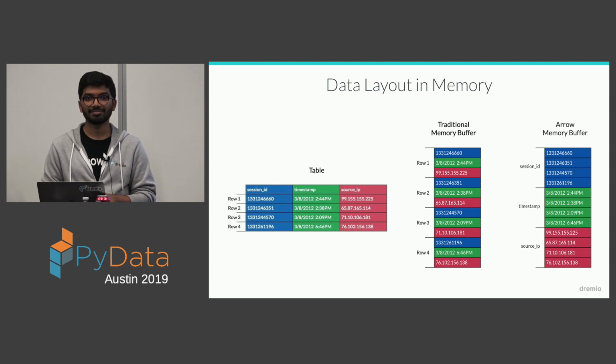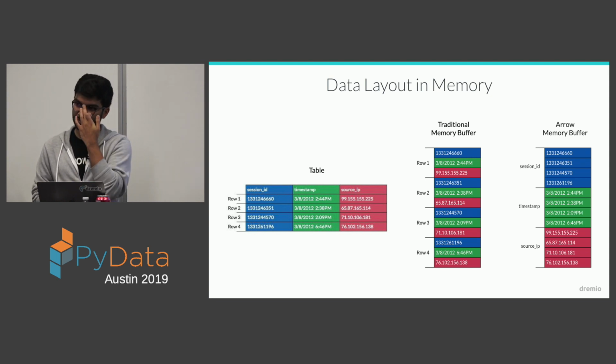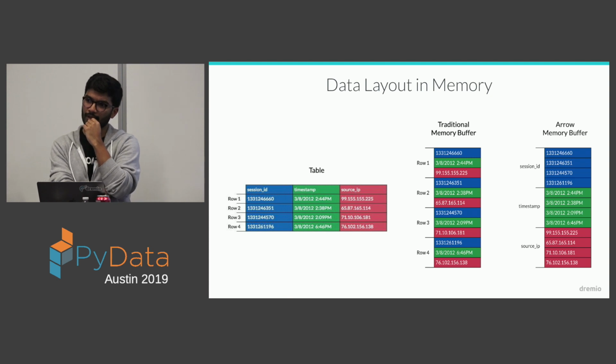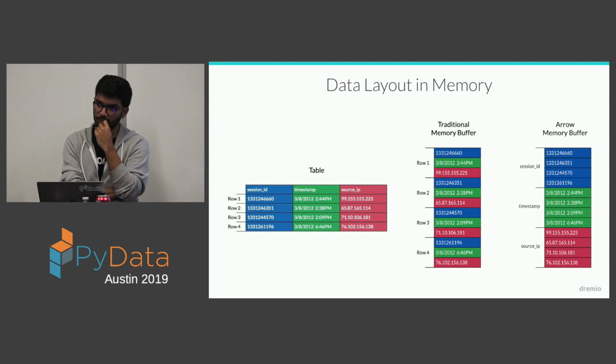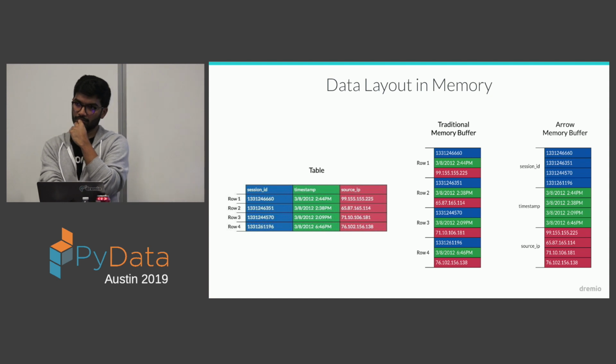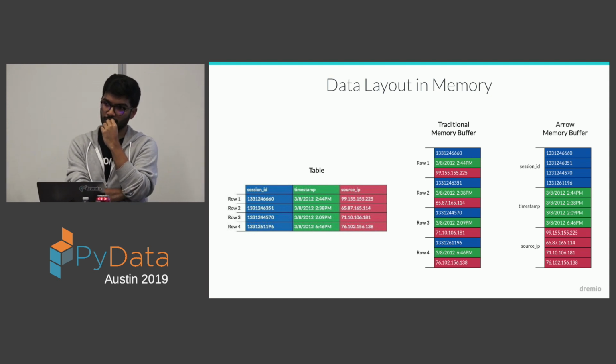Any more questions? I have one more. So the Arrow library, if I want to use it with Redshift, what does the database that I'm trying to connect to need to implement for the Arrow format?